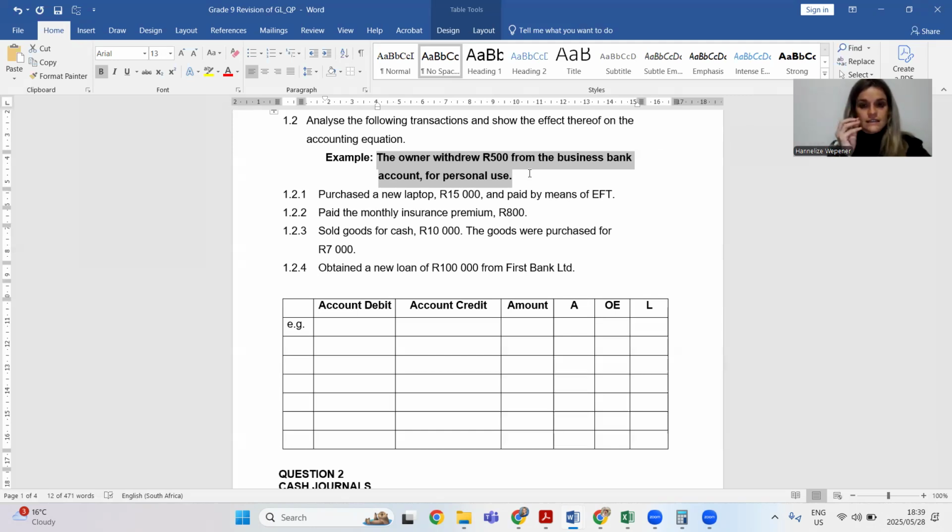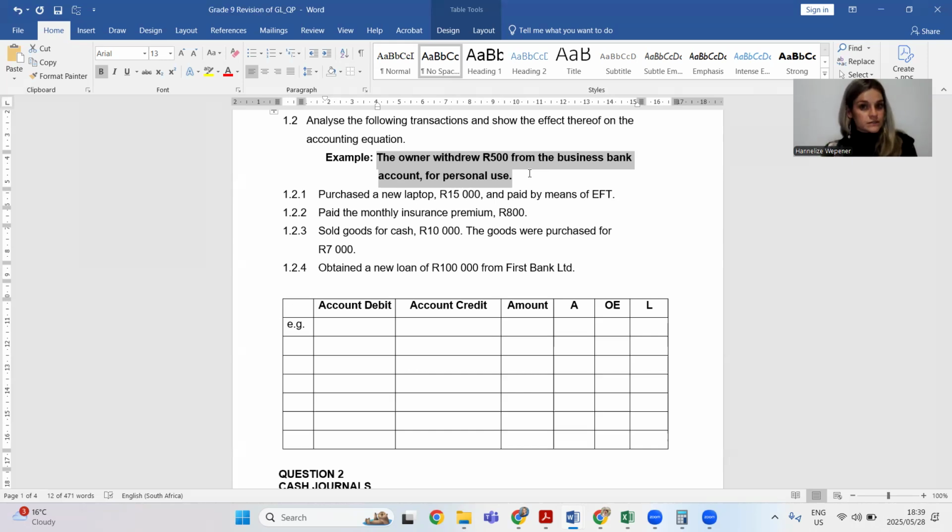So the owner is taking something from this business, therefore he has more drawings. What is he taking? He's taking money. He withdrew money from the business's bank account. So the account for the owner is drawings, and the account for money that's leaving the business is bank.